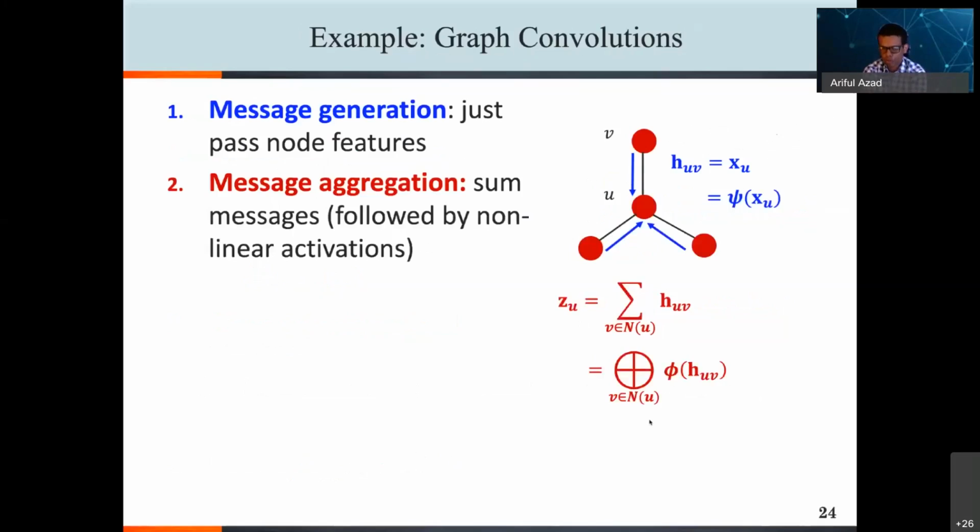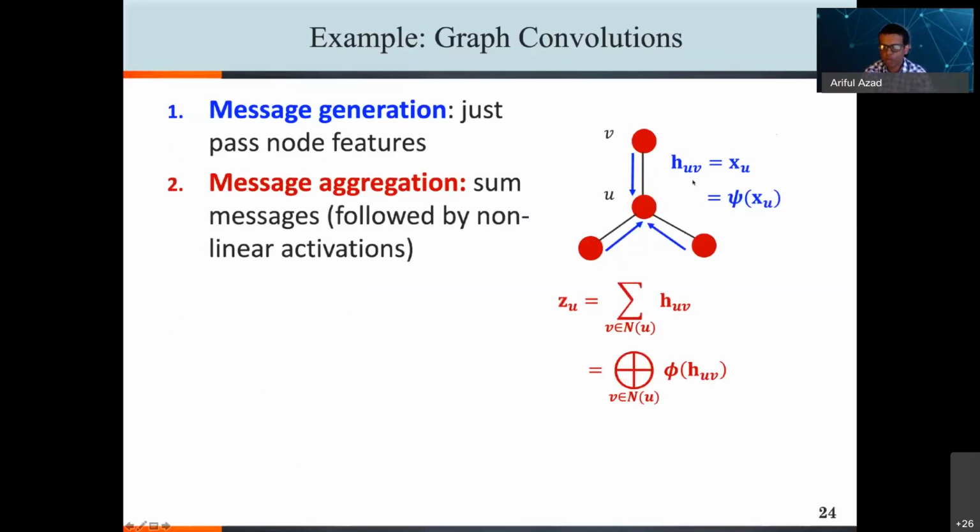In that algorithm, when we generate messages, for example, on this particular edge V and U, it does nothing. Okay, I made a mistake here. It should be XV.